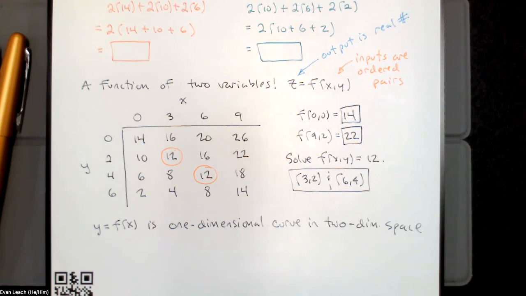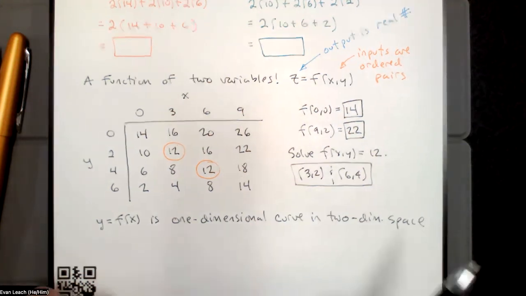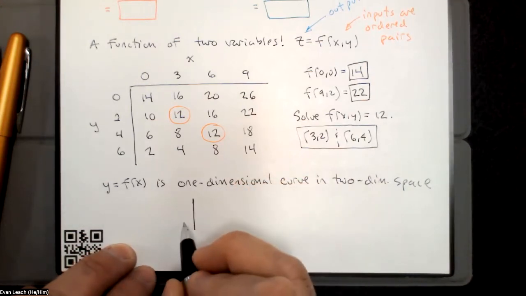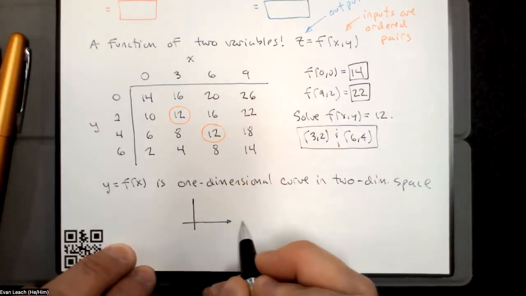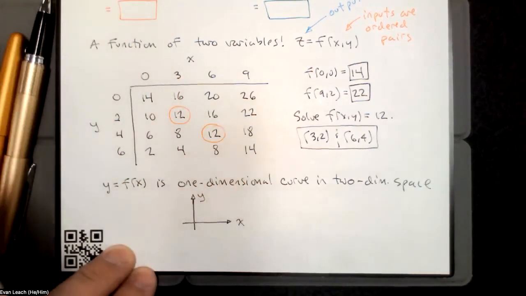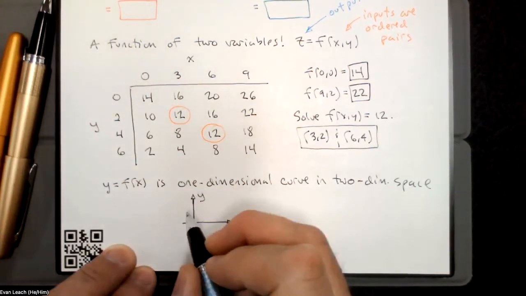When you think about the graph of a function, we're imagining a one-dimensional curve in two-dimensional space. We have input x, output y. Our curve is one-dimensional.